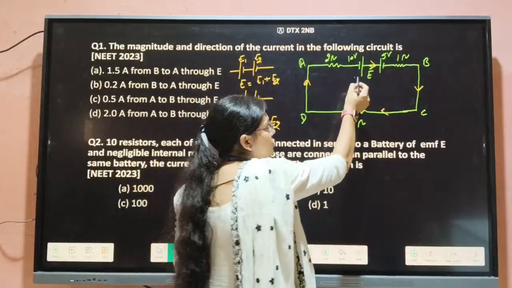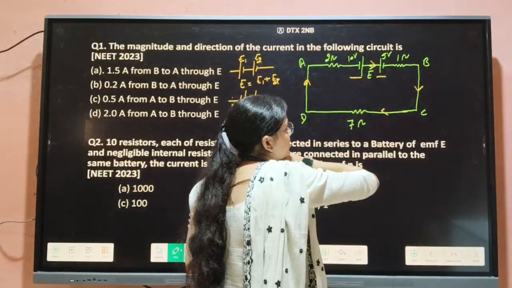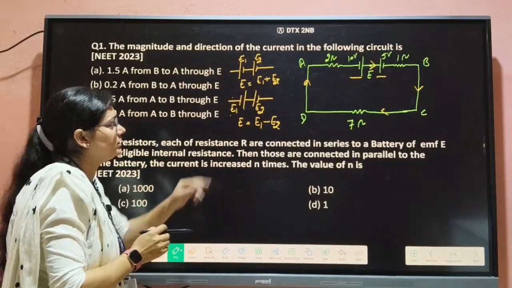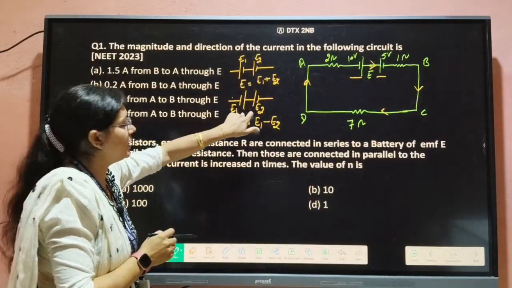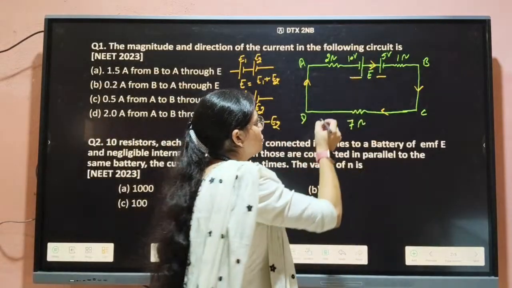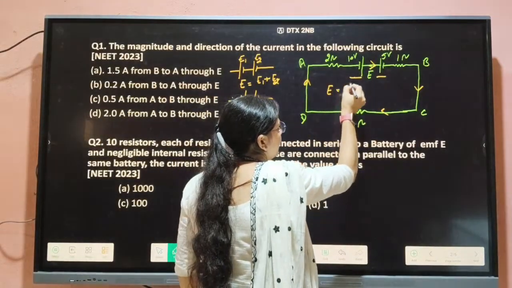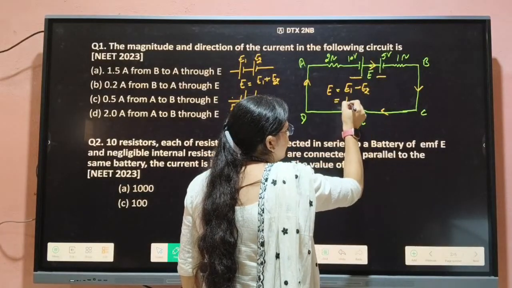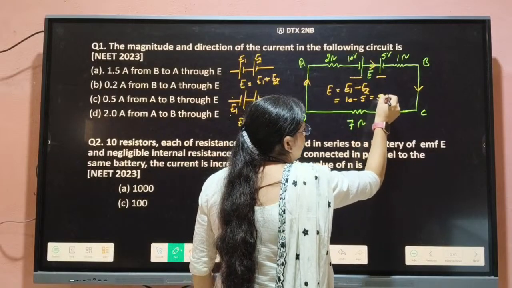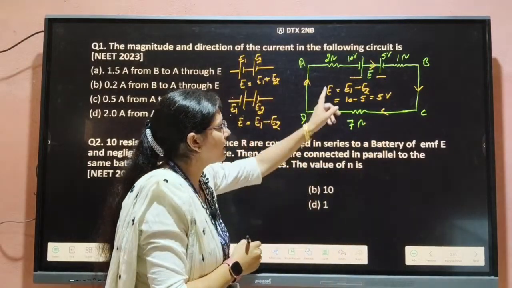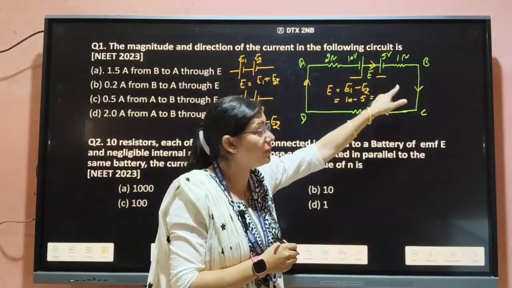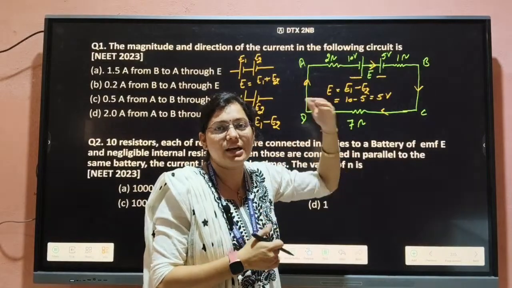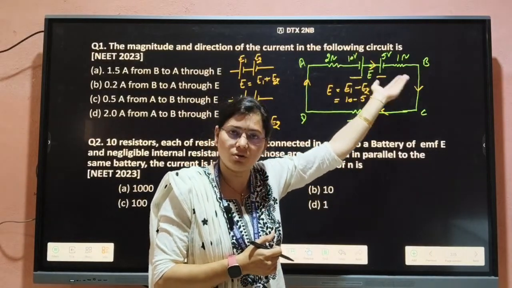The total voltage we can write as E equals 10 minus 5, E1 minus E2, which leaves 5 volts. Current flows from positive to negative, but since there is one more voltage, we check which is larger, and the current passes from high to low voltage.